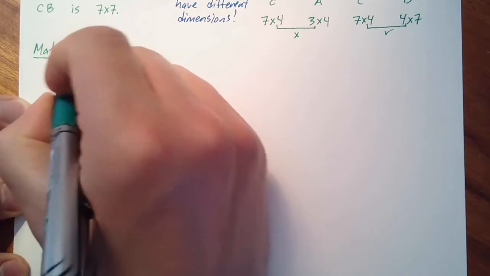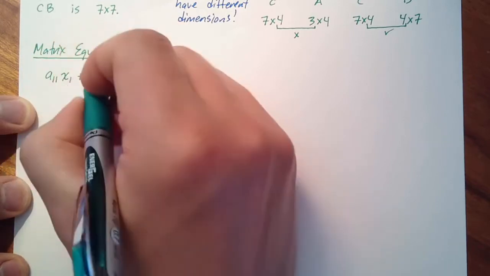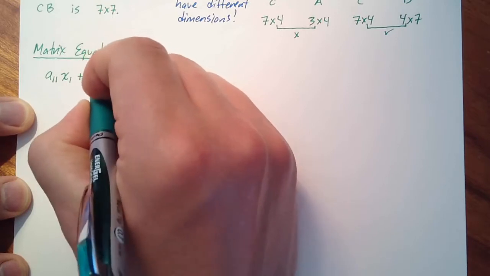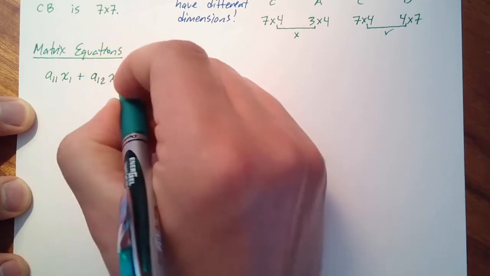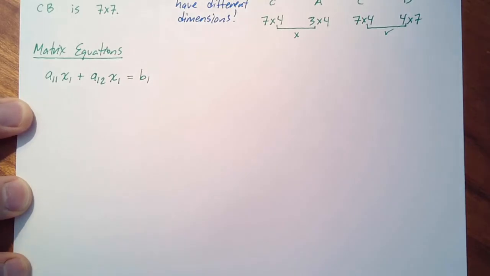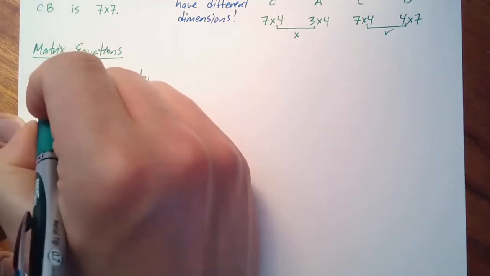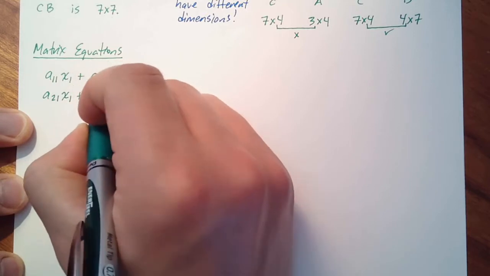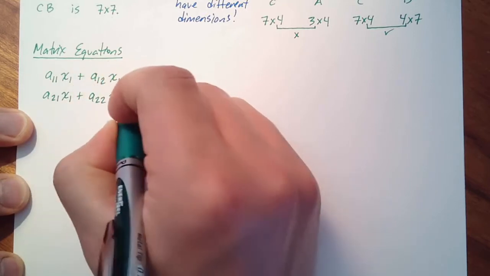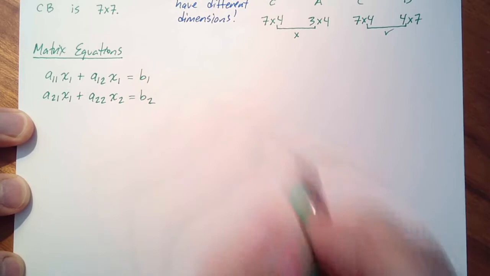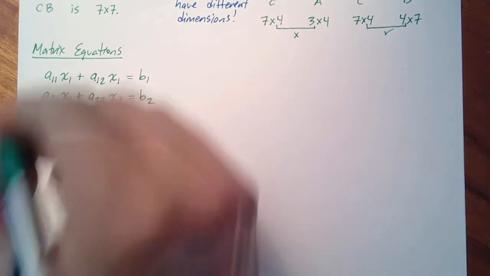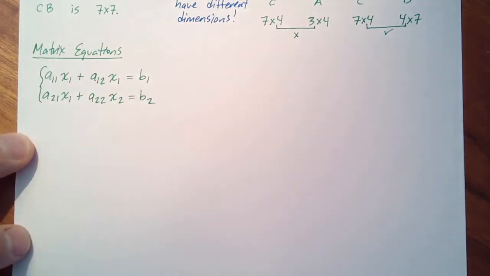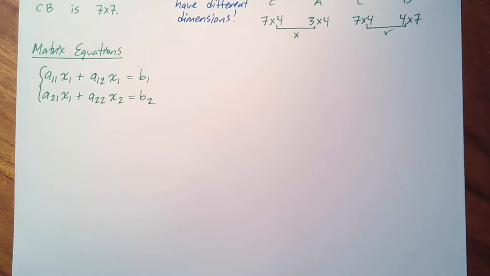So here is a general linear system in the variables x1 and x2. So that's the first equation. The second equation will be written like this, and there you go. You've got the most general system of two equations in the variables x1 and x2 as you could possibly have.